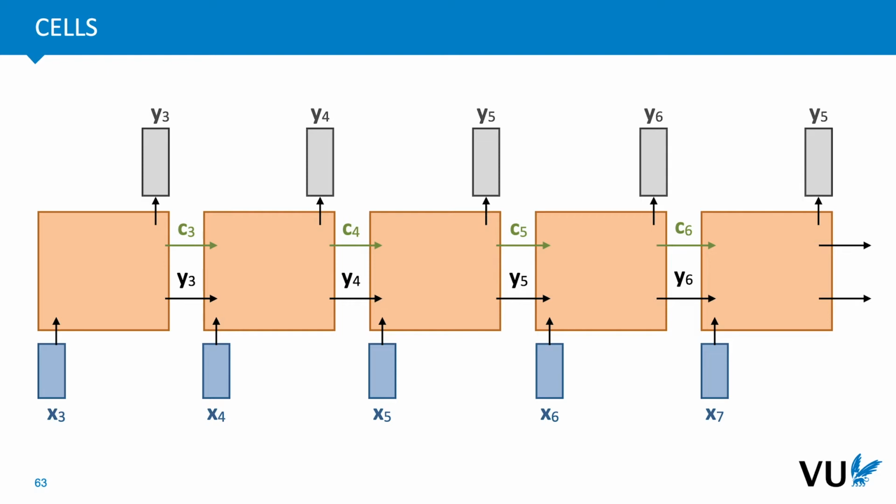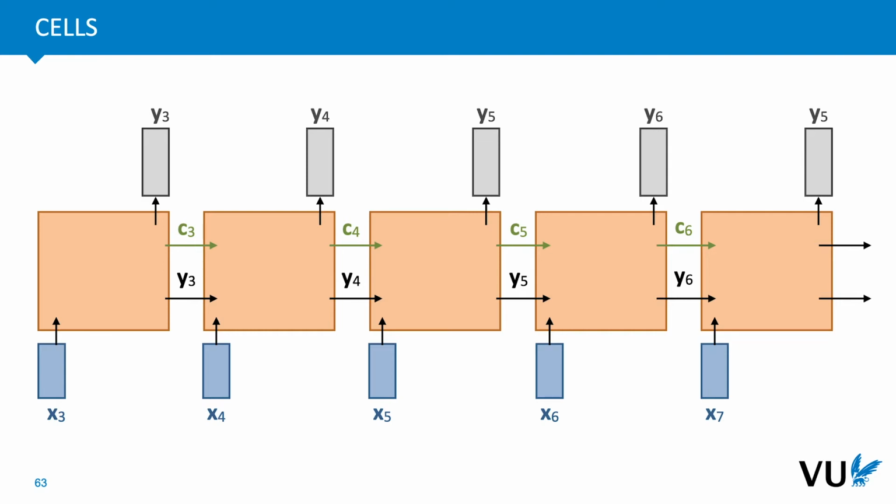And for each time step, one of these cells is computed based on the input, produces an output y, and passes to the next cell two values: a copy of the output that it's just produced and a cell state C. So let's look at what happens inside of this cell.